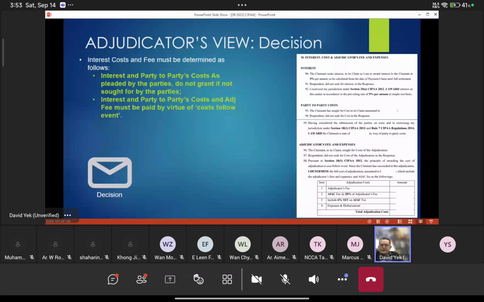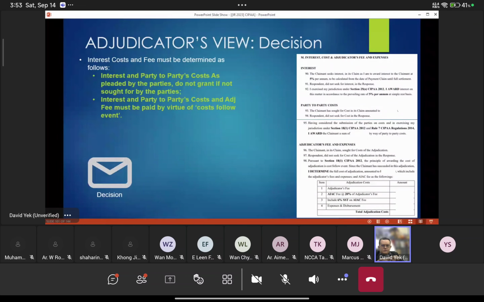If you look at the FAM contract, it says that the interest is based on the Maybank base lending rate, right? If the parties claim under that contract, would the adjudicator award based on the Maybank interest rate? Most lawyers will not allow it. The reason is very simple.